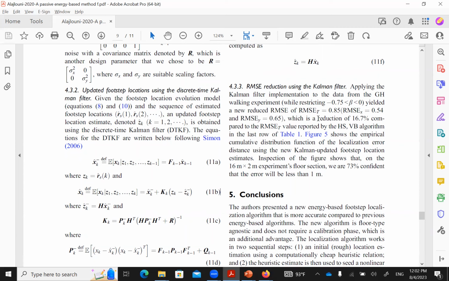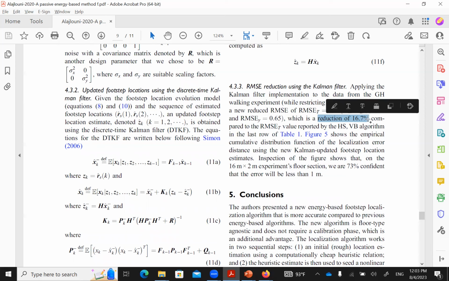There's a 16.7% overall reduction in the error after using the Kalman filter. Comparing between just getting the measurements without using the state model, and the Kalman filter, which fuses the state model to the measurement model, we got an improvement.